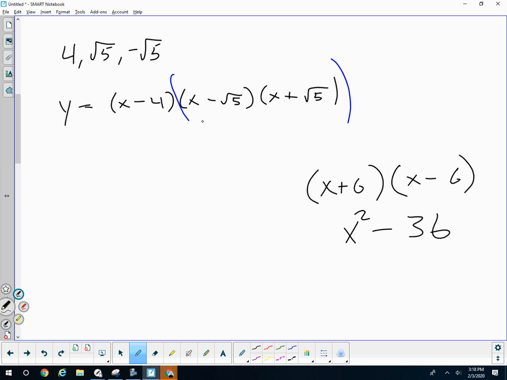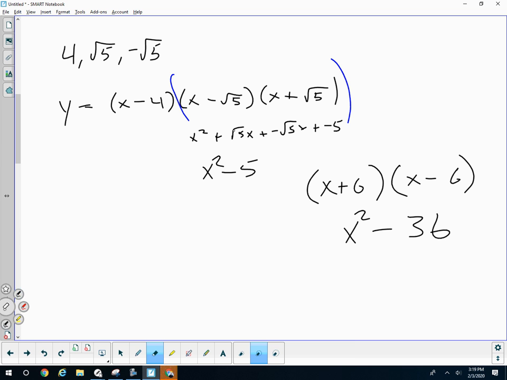That's just 5. You could do the work. It'd be x squared plus root 5x plus negative root 5x plus. Would the x go into the square root? No. This is x squared minus 5.